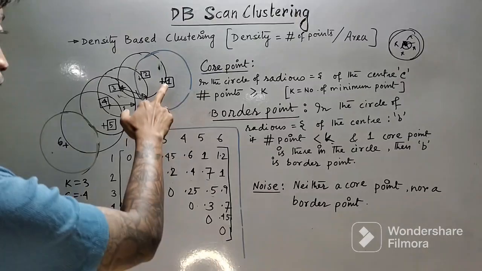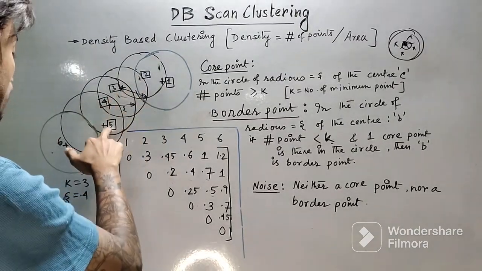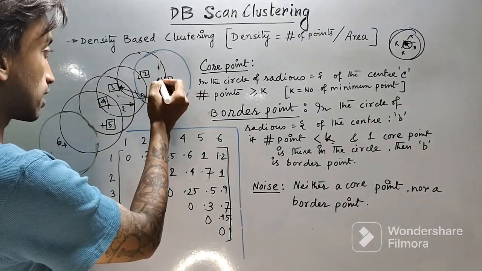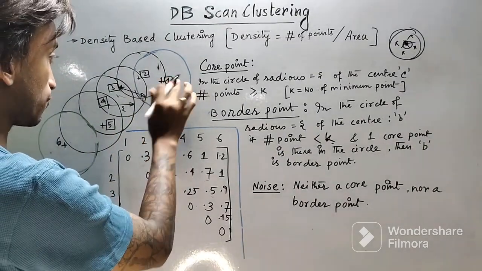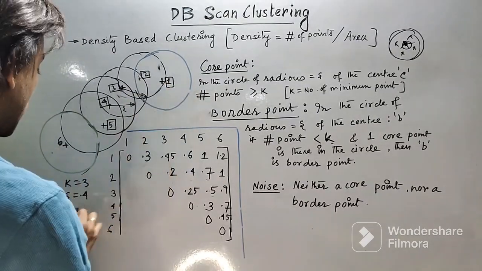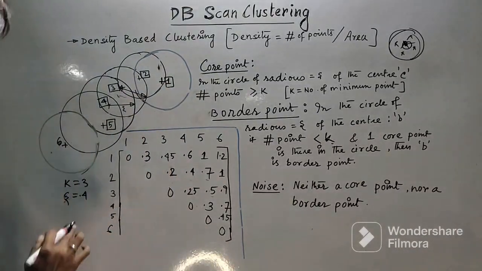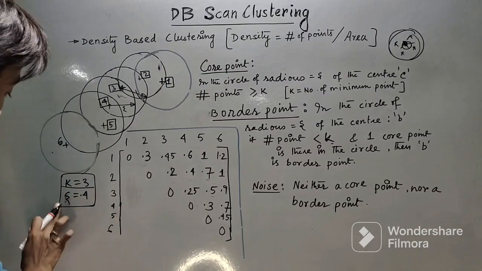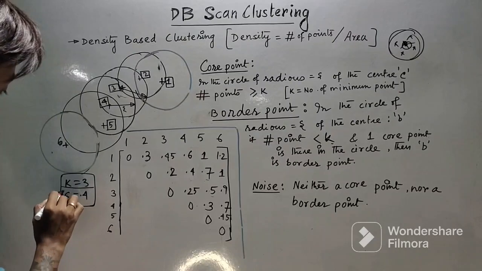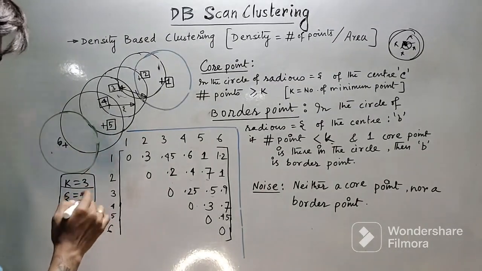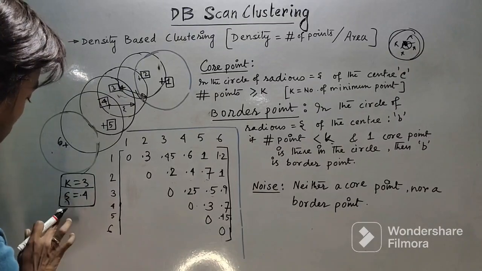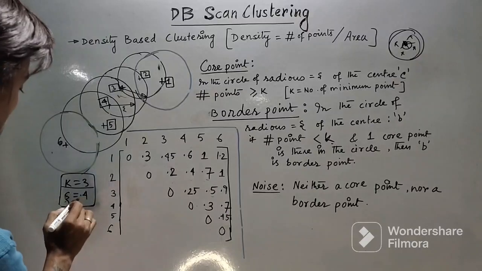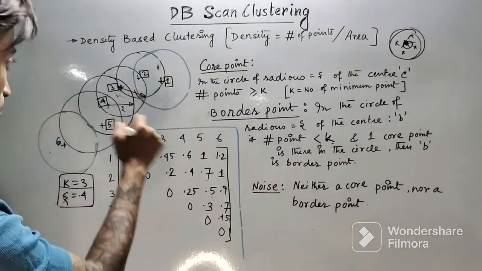Say you have the points 1, 2, 3, 4, 5 and 6, and you have drawn a circle with center 1. For this example, say you have these parameters: k equals 3, the minimum number of points, and epsilon equals 0.4. Epsilon of 0.4 is nothing but the radius of that circle.